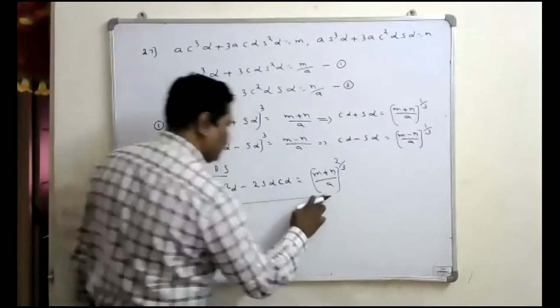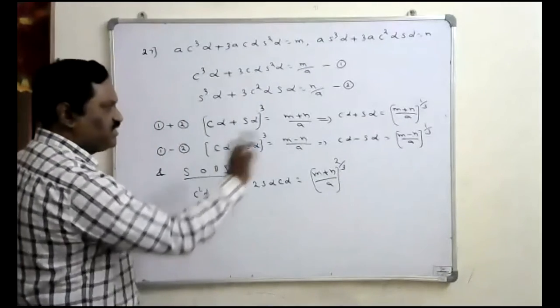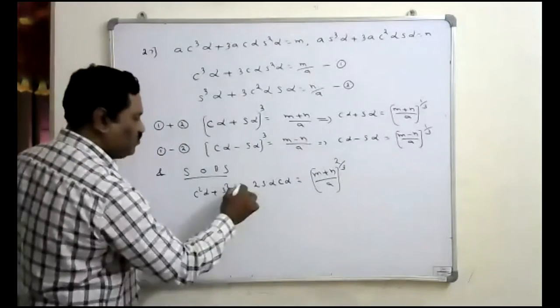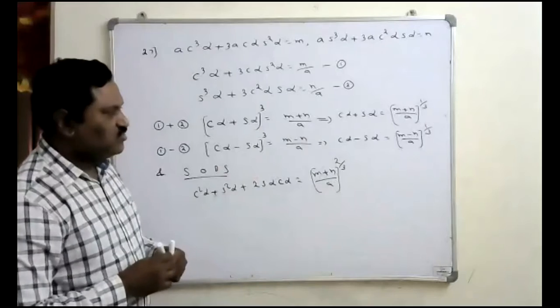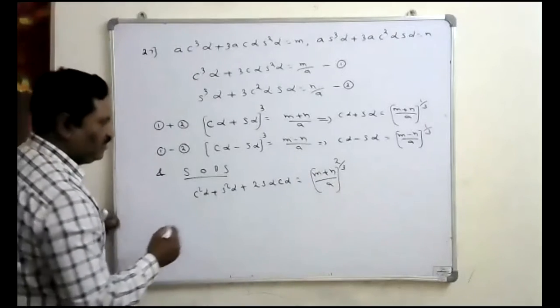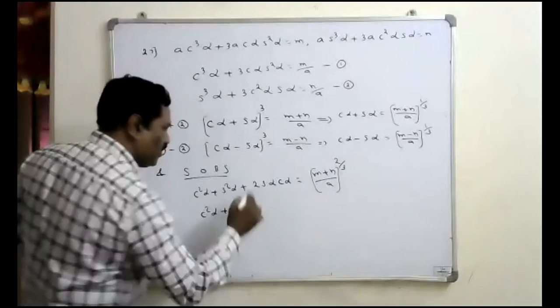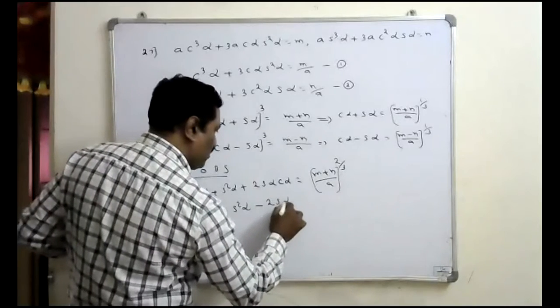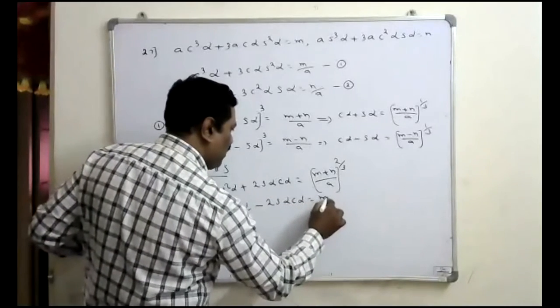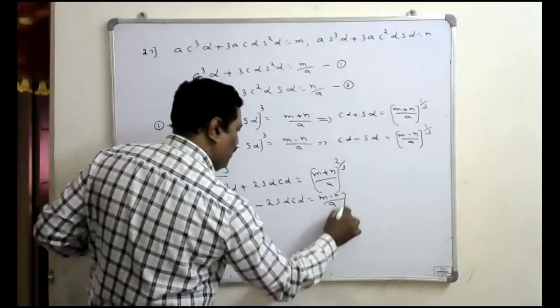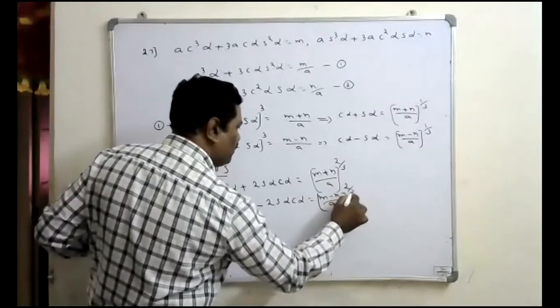Square the second equation also on both sides: cos square alpha plus sin square alpha minus 2 sin alpha cos alpha is equal to m minus n by a whole power 2 by 3.